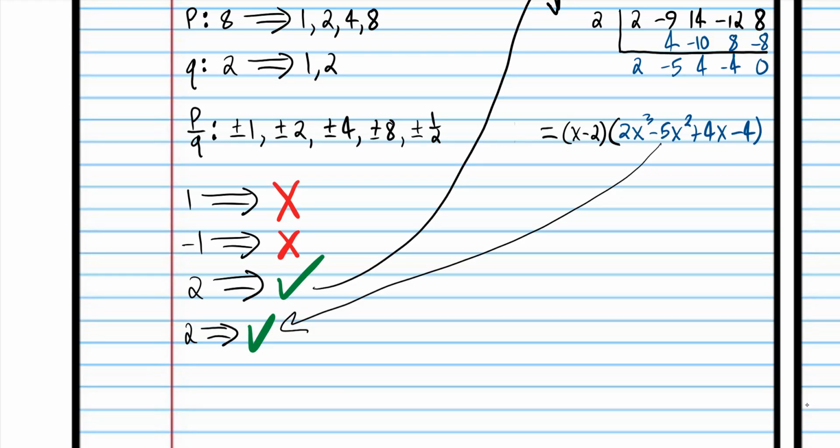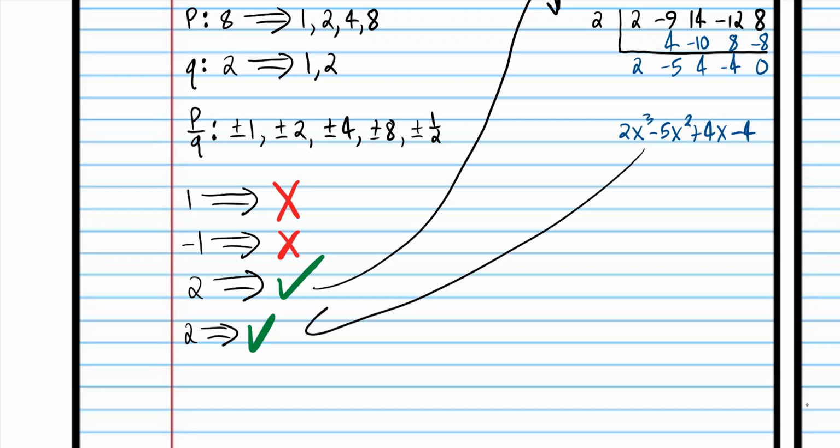And I'm going to erase this because I don't want to confuse things. So now we're going to use synthetic division again. And we have these coefficients 2, -5, 4, -4.